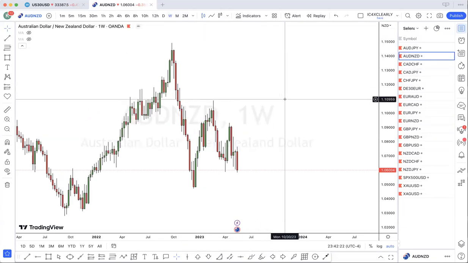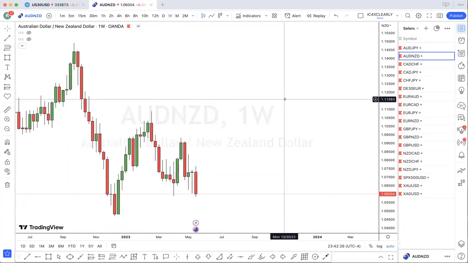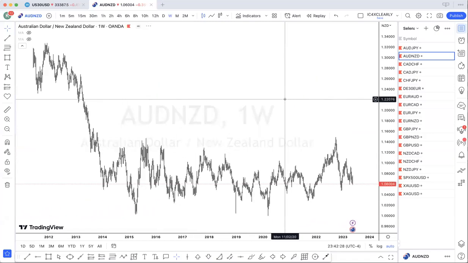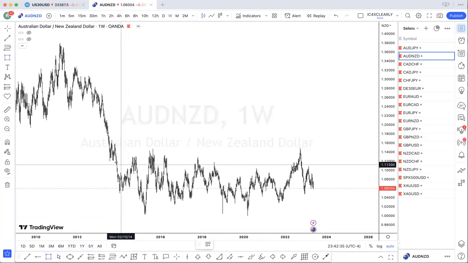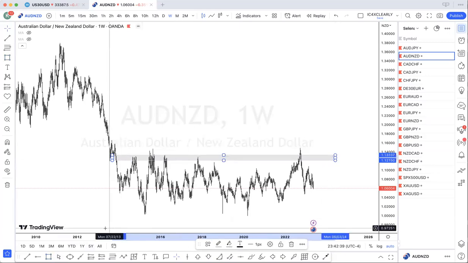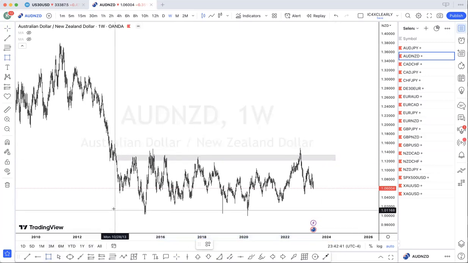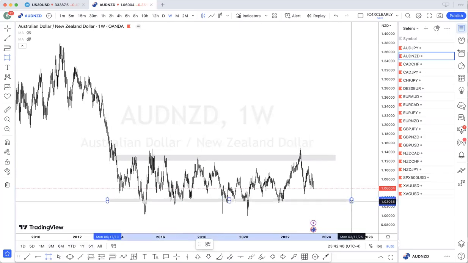Okay, let's see, AUDNZD. We have a weekly bearish order block. And let's look at the overall. Overall, AUDNZD has been consolidating. If you know how to trade from zone to zone, this is more of a key level right here.